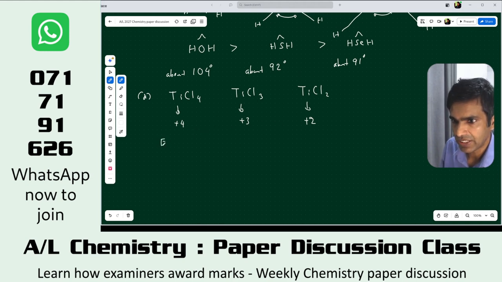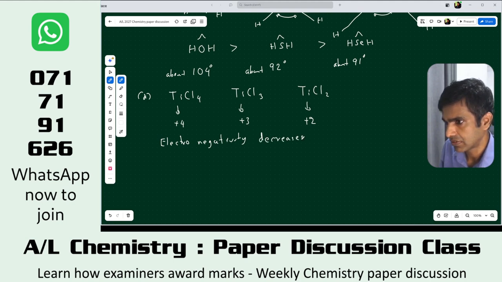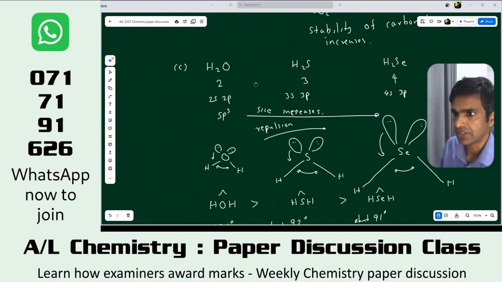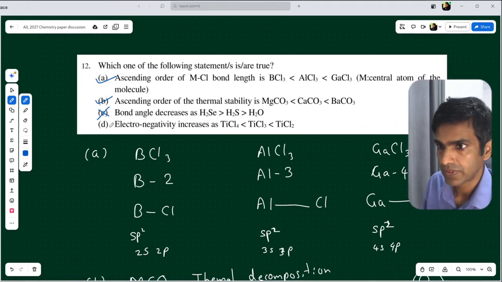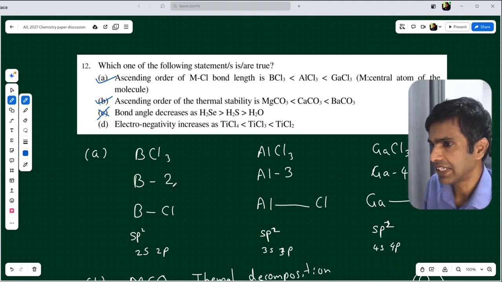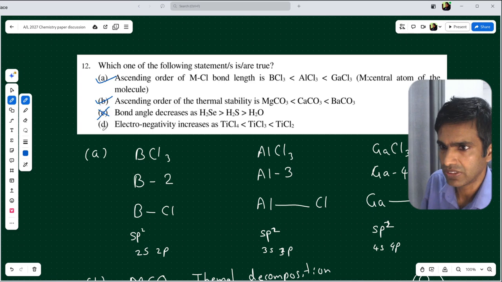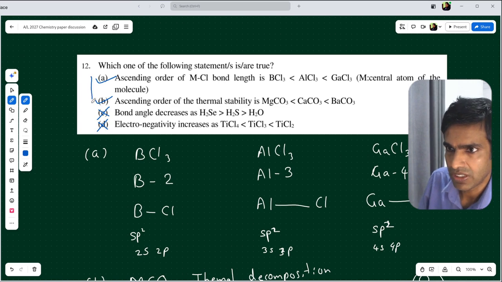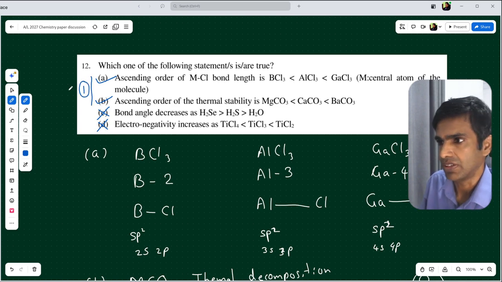Therefore, electronegativity decreases in the order of TiCl4, TiCl3, TiCl2. So what about the statement? Electronegativity increases as TiCl4, TiCl3, TiCl2. That statement is incorrect. Statement A, statement B, they are correct. Therefore, correct answer for this question is the first one.